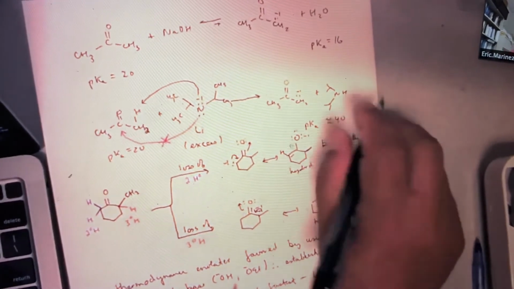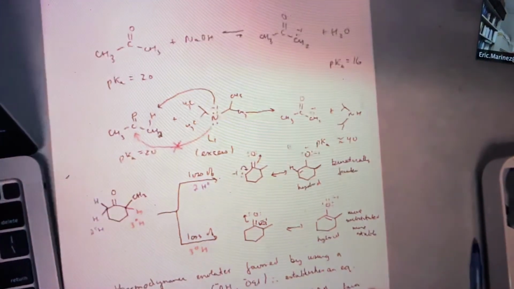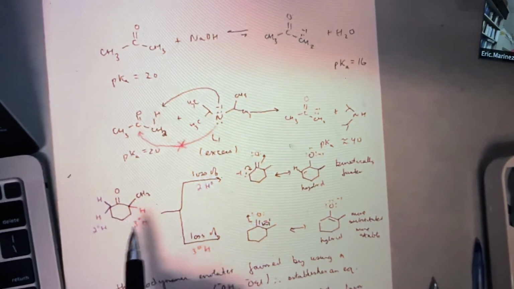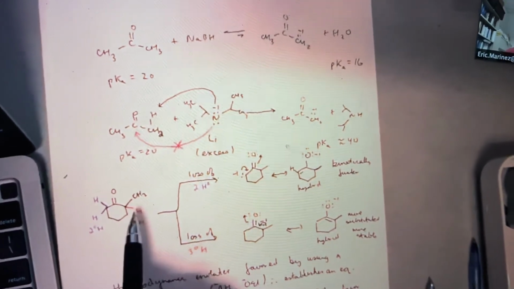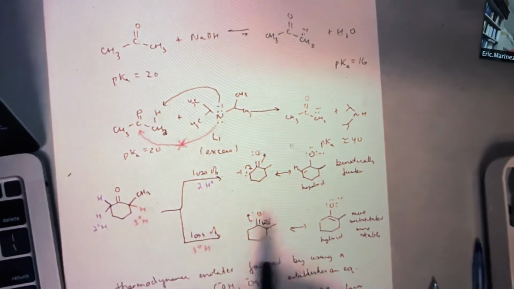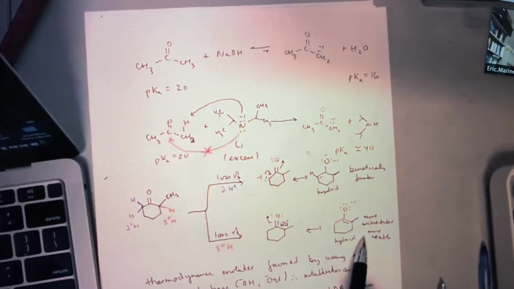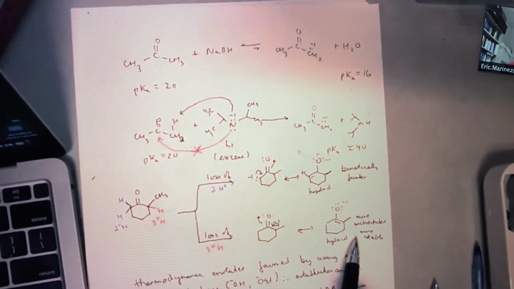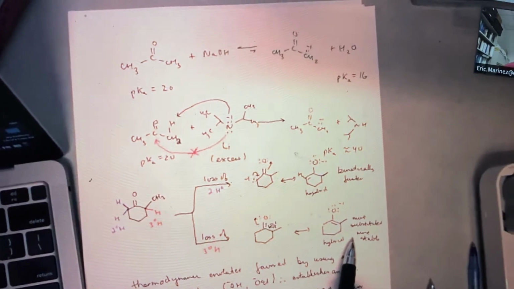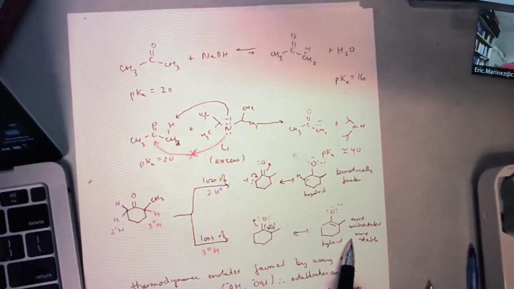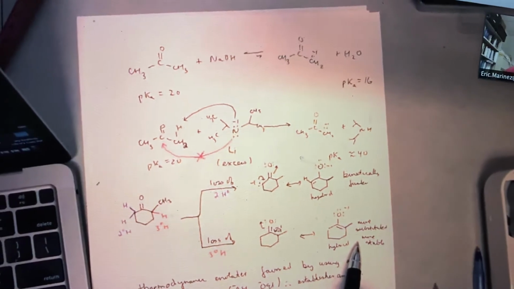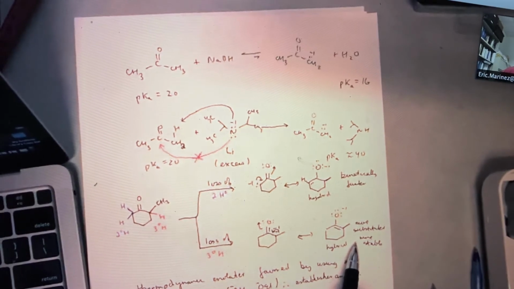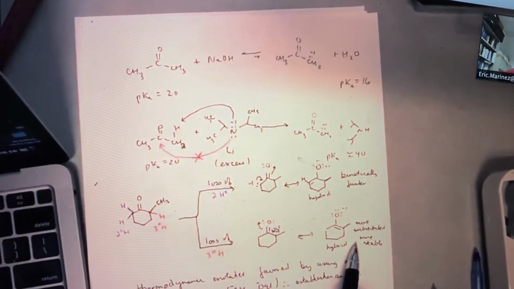What I want you to be aware of and to apply here is that when I have an unsymmetrical ketone, if I remove the proton on the more substituted side, that leads to the thermodynamic enolate, and in order to favor that, you want to use a weak base. On the other hand, if you want to form the kinetic enolate, formed by abstracting the proton on the least substituted carbon, you want to use a very strong base such as aldehyde.